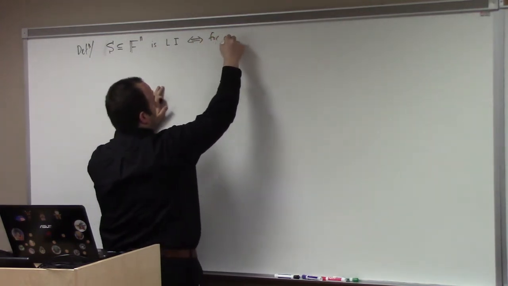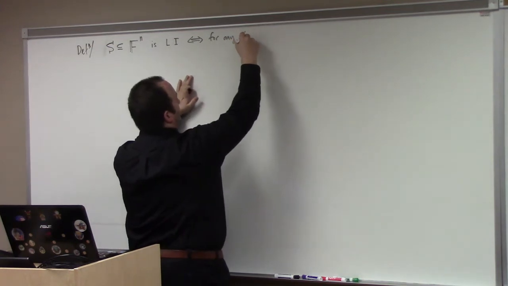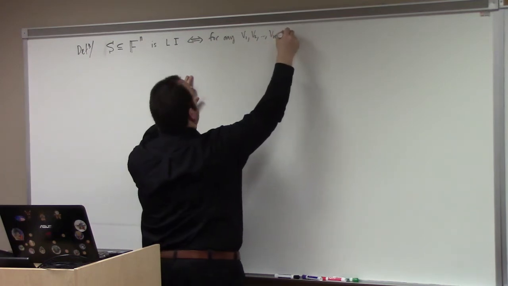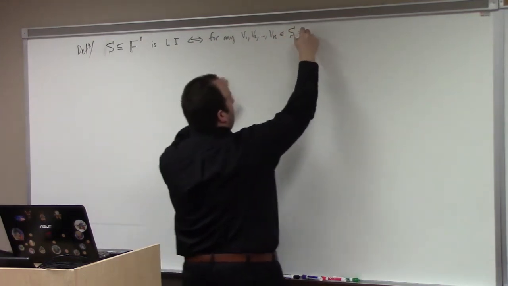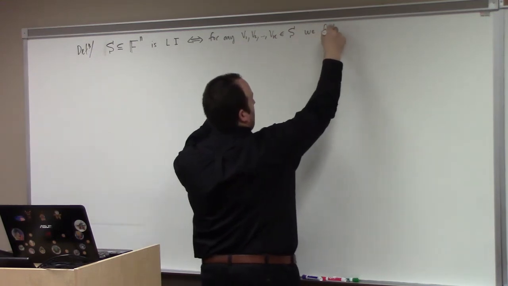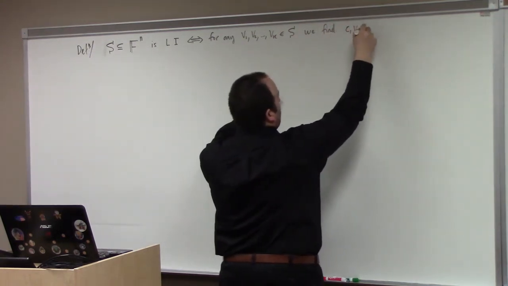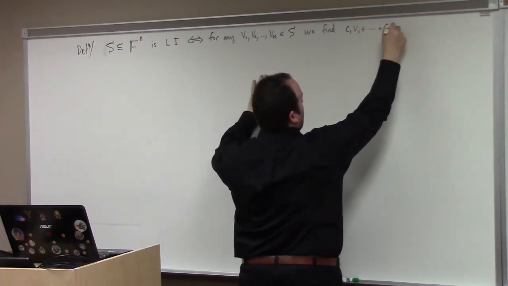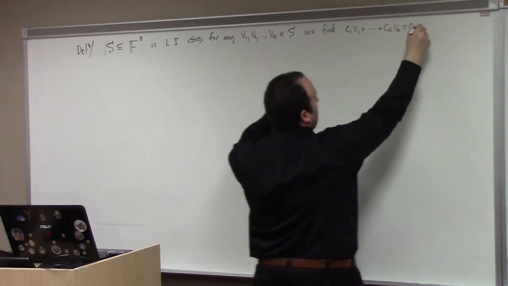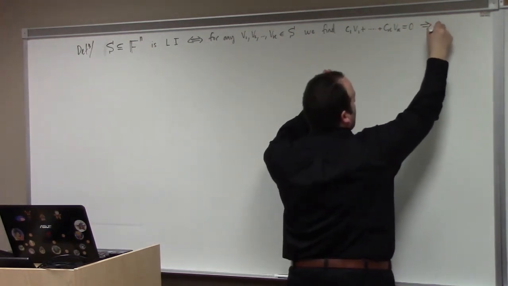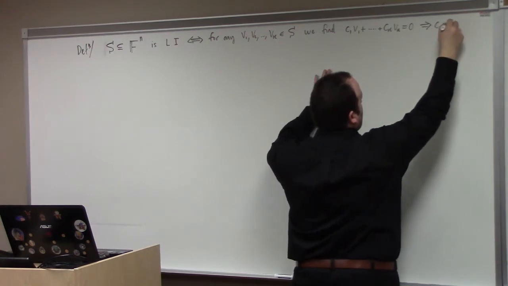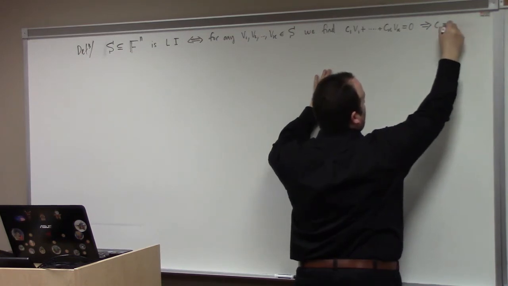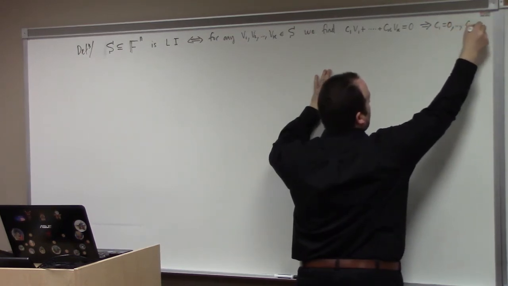For any v1, v2, ..., vk taken from S, we find that c1 v1 plus ... plus ck vk equals 0 implies that c1 equals 0, all the way out to ck equals 0.